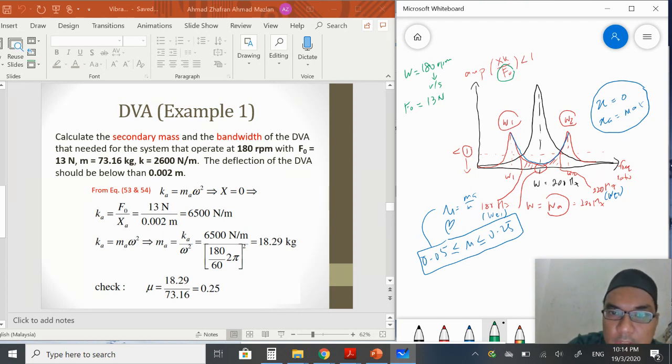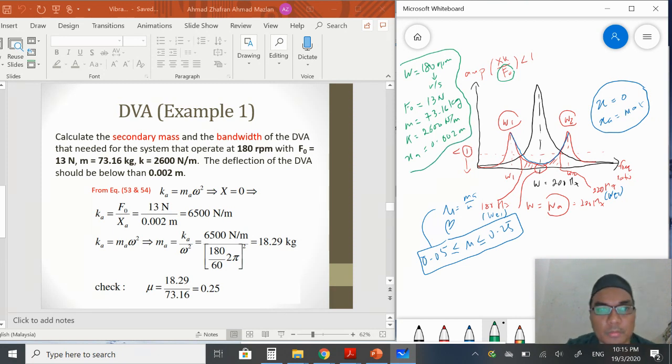The mass of the primary system is 73.16 kg. The K, the primary stiffness, is 2600 Newton per meter, and the deflection of DVA should be below this: XA must be a maximum of 0.002 meter. So these are all the parameters that you have.